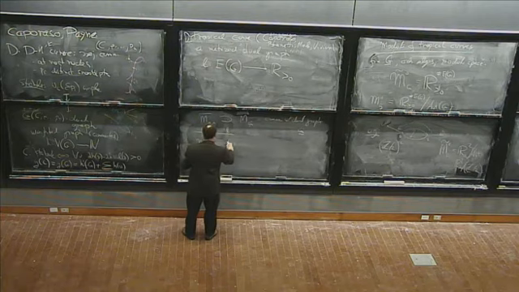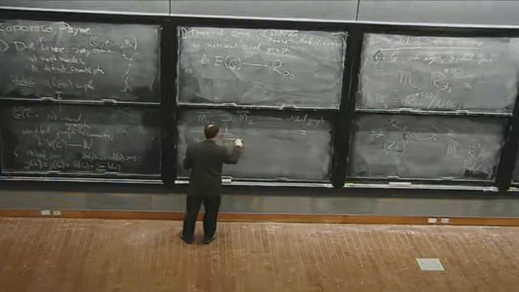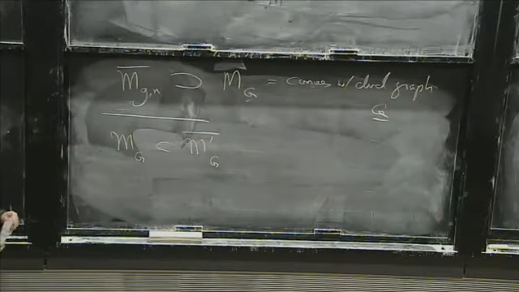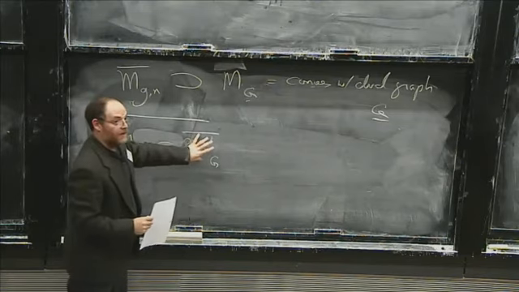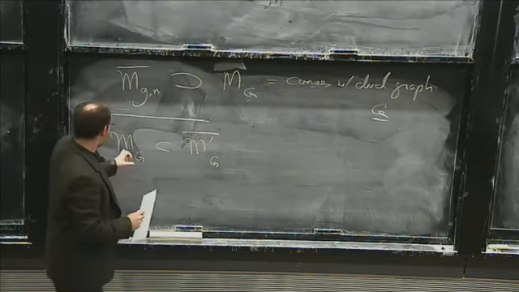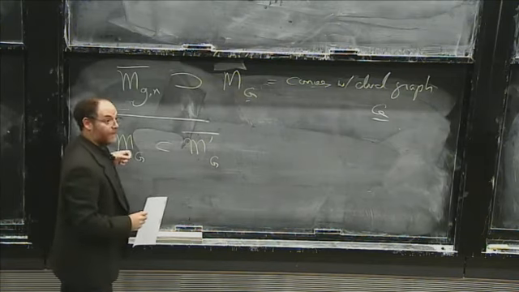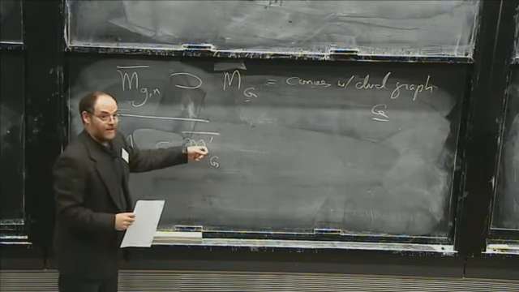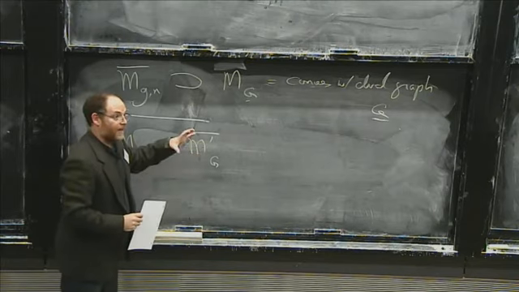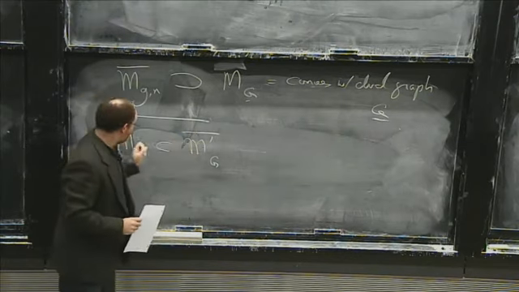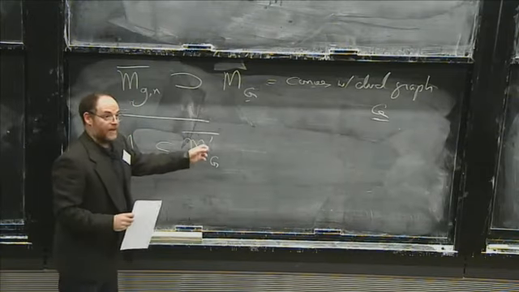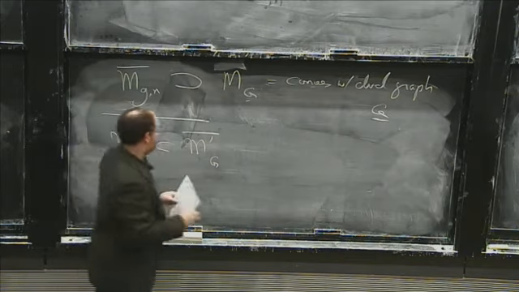What you want to remember with the usual moduli space is that if M_g is contained in the closure of M_g', what does it mean? It means that I can take a curve corresponding to this and deform it to a curve corresponding to this, which means that the curve here is obtained by smoothing out some nodes, namely some of the edges are shrunk.